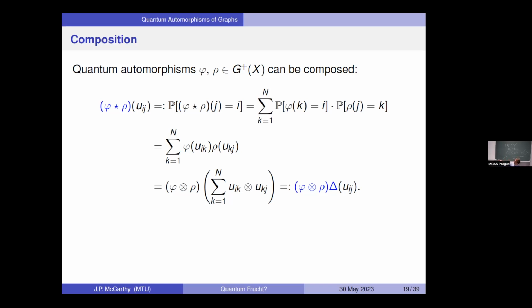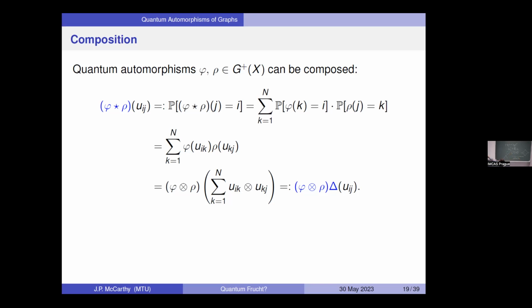So what is the problem? We've got two quantum automorphisms. These are just states on this algebra of functions. And this applied to this U_ij is basically saying, what is the probability that this composition sends j to i? Now, there's no reason why something like this should work, but in the end, it tallies with the normal definitions.